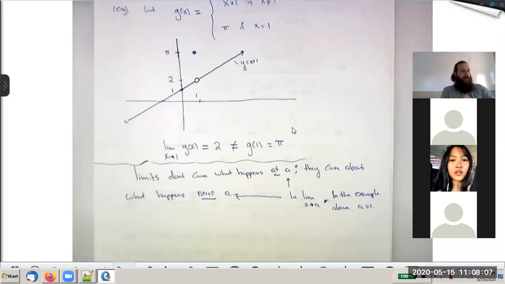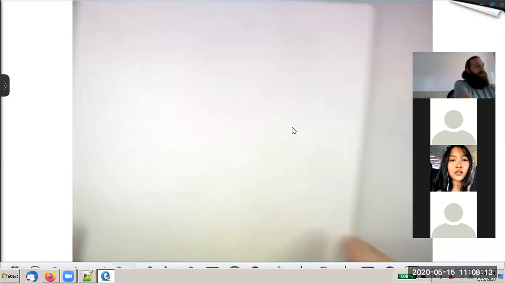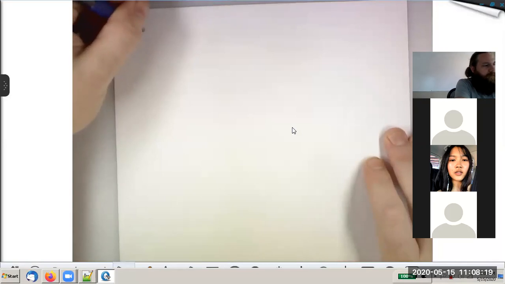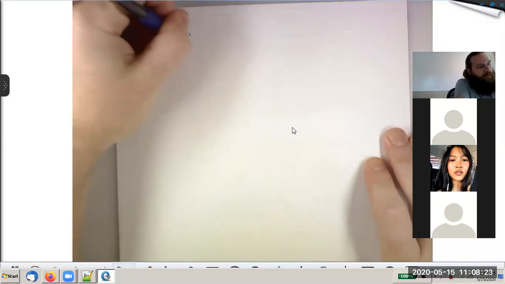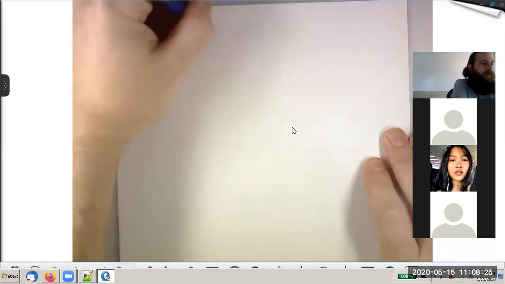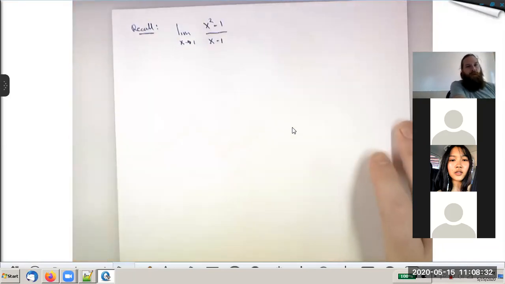Okay. I do want to look at one more example today. The next example in the textbook is one that we've already done. So I'll say recall: the limit as x goes to 1 of x squared minus 1 over x minus 1. I can't calculate this by plugging in, because if I plug in, I get 0 over 0, which is no good.